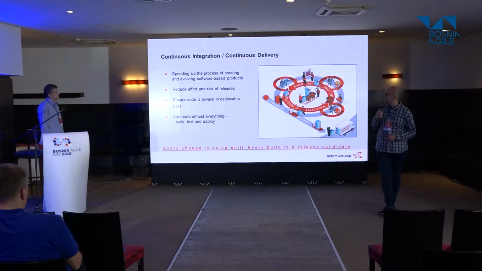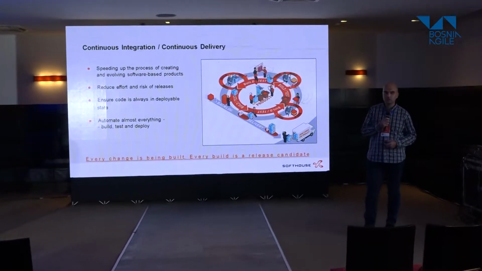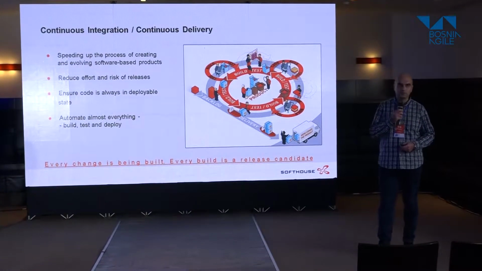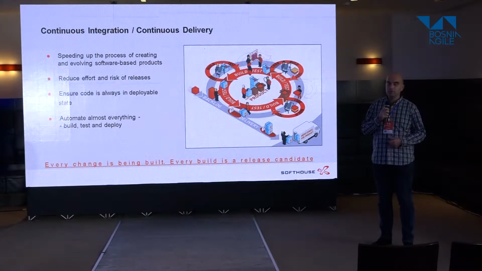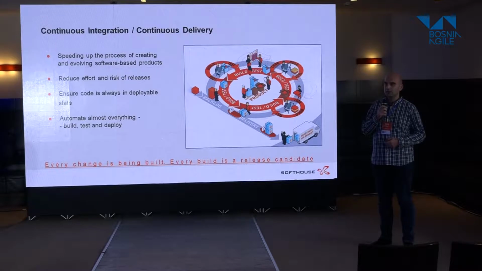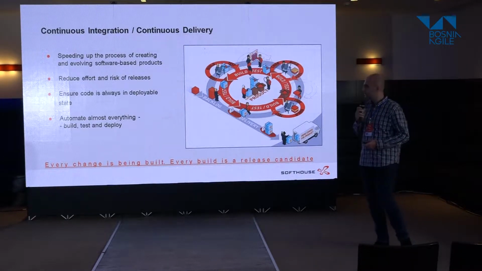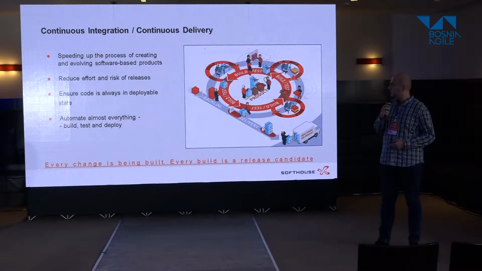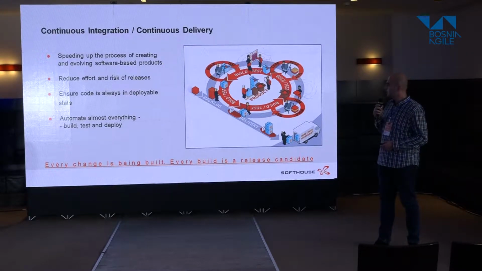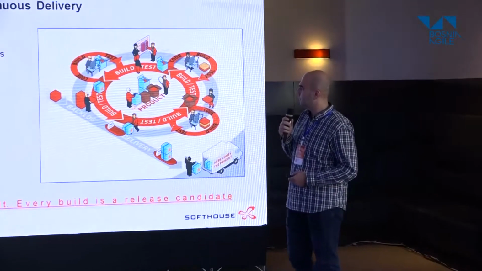So, continuous integration and continuous delivery. CI/CD are two acronyms that are most used when people talk about modern development practice. CI is straightforward and stands for continuous integration, a practice that focuses on making and preparing releases easier.